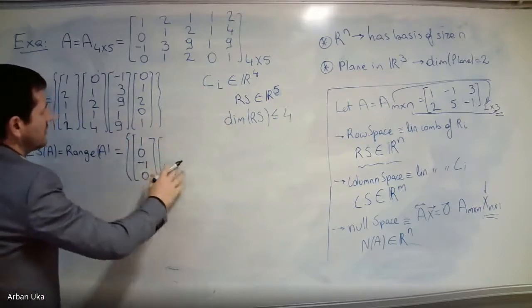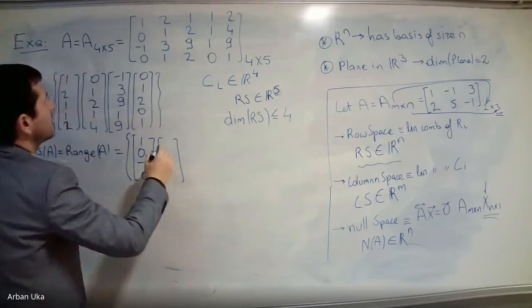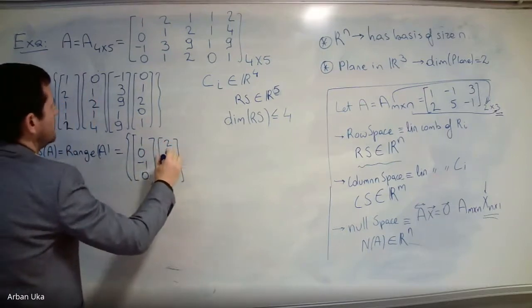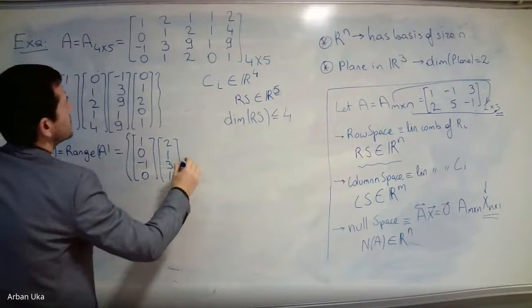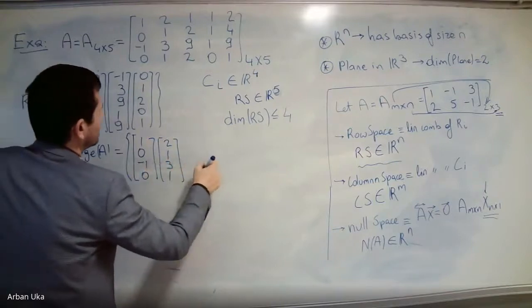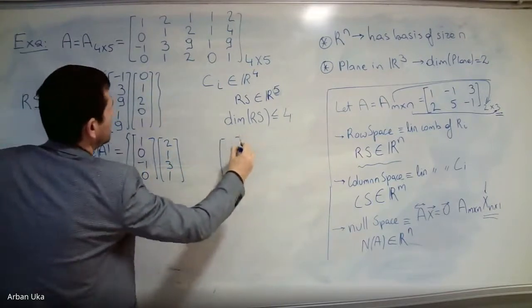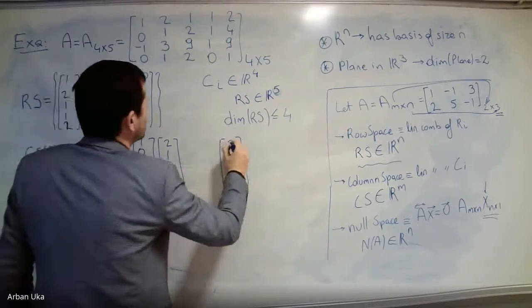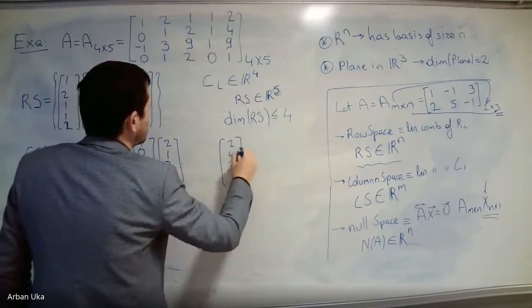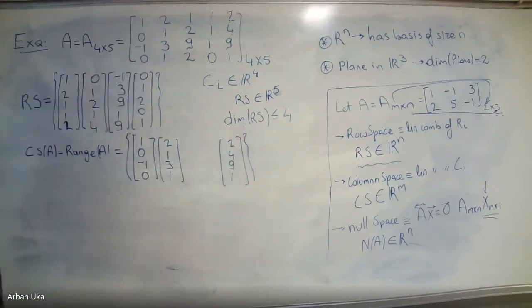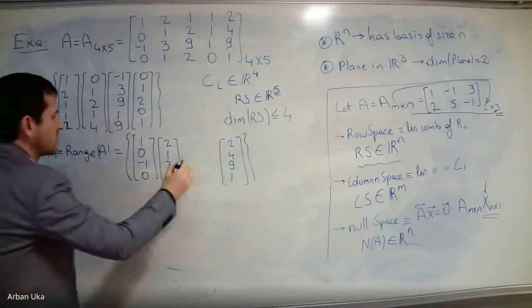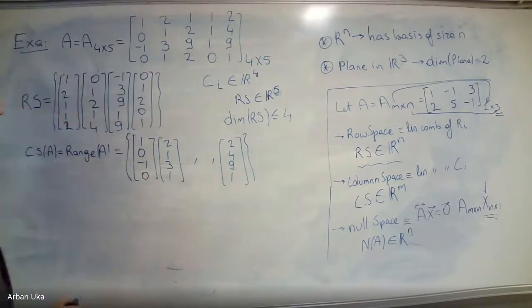I'm going to write the same thing, but allow me to skip maybe one or two steps. First, second, third, fourth, fifth. Let me write the fifth column, which is 2, 4, 9, 1. And this is the column space. We are skipping one here and one here.